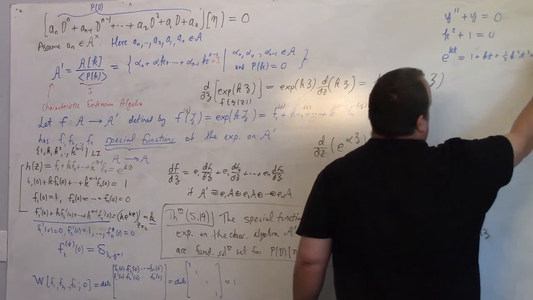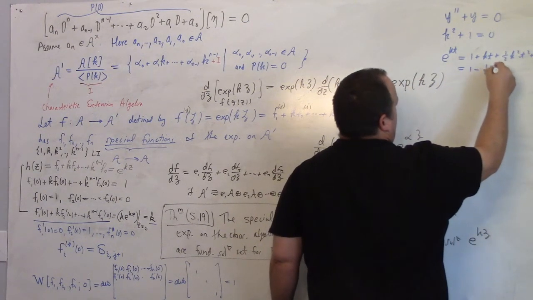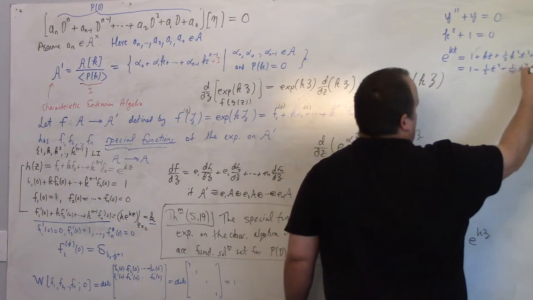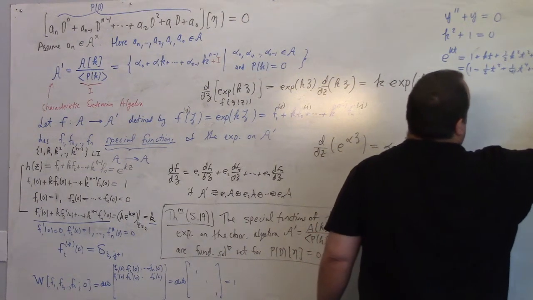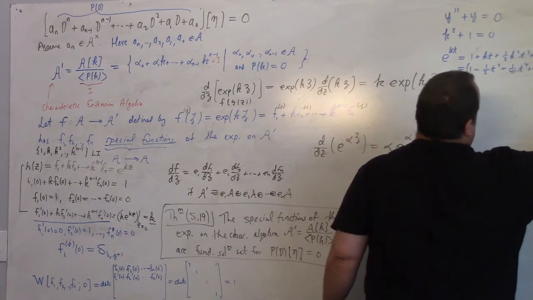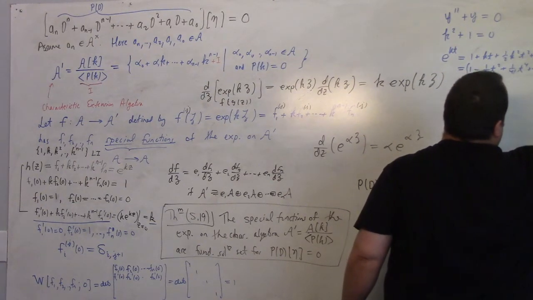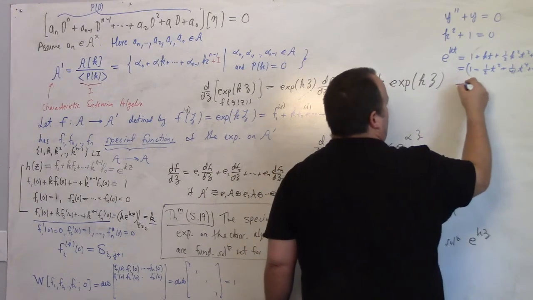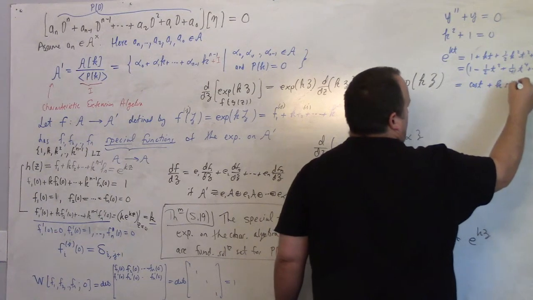After a little bit of math, that gives me 1 minus 1/2 t squared plus 1 over 4 factorial t to the 4th plus dot dot, plus k times t minus 1 over 3 factorial t cubed plus 1 over 5 factorial t to the 5th. And of course, you can recognize these have names. That's cosine t and that's sine t.